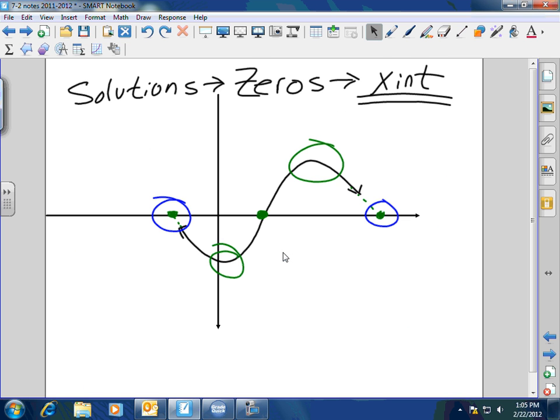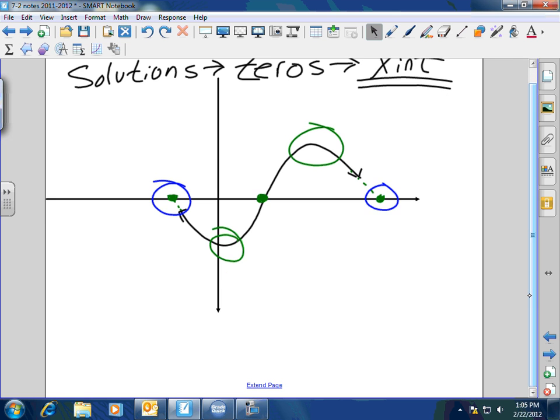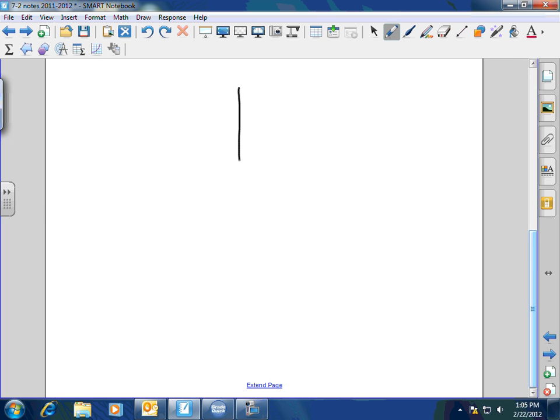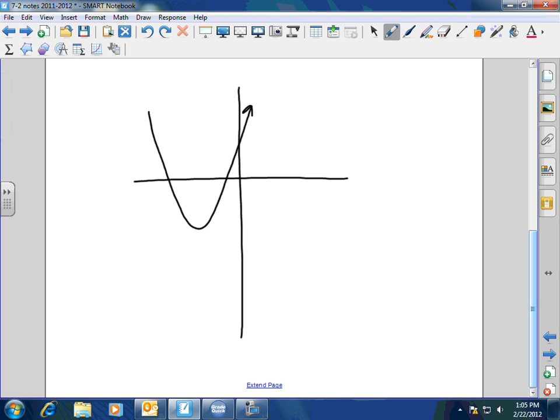However, when we had a parabola or a quadratic equation, this is one function, so this would have been called the minimum. If I went up here, this was the max.